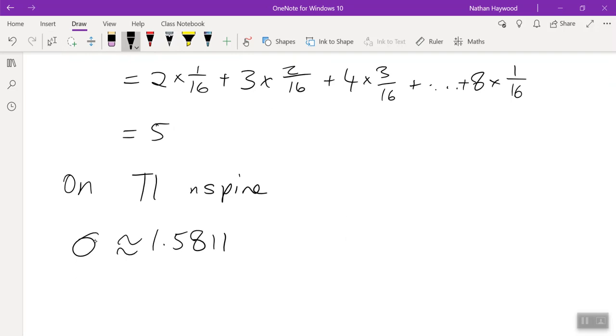Does anyone remember? Perfect. Variance, how much it varies, is the standard deviation squared, which is exactly 2.5. Okay? And that's it.